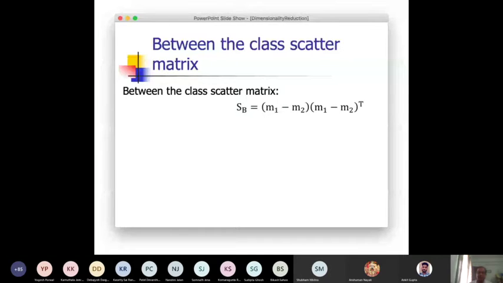It considers the deviations of the mean, that is the difference vector, the deviation of the mean vectors of the corresponding classes, and it considers the product of deviations of individual dimensions.